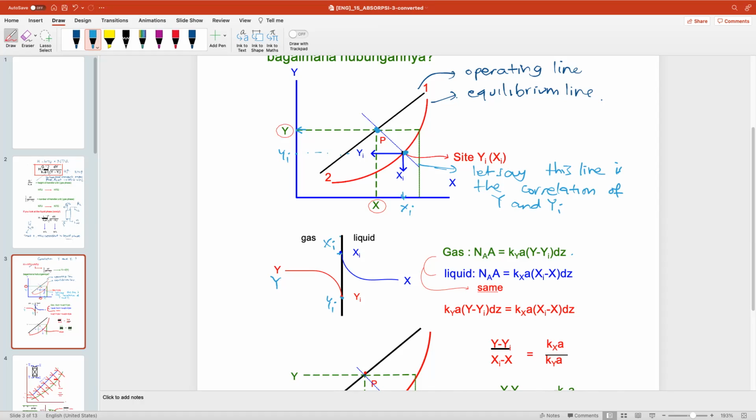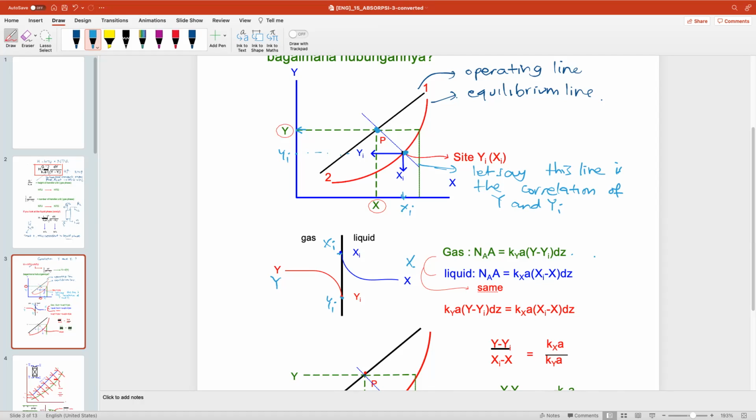Now, if this is the xi, the correlation between capital Y and capital X here is actually the operating line. So this is your x. So the correlation between the X at the interface and the X in the bulk phase can also be written with the mass transfer.